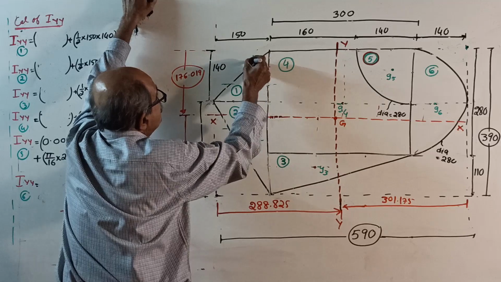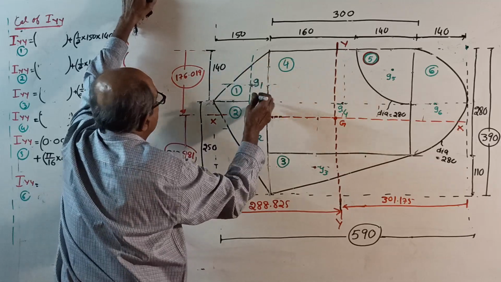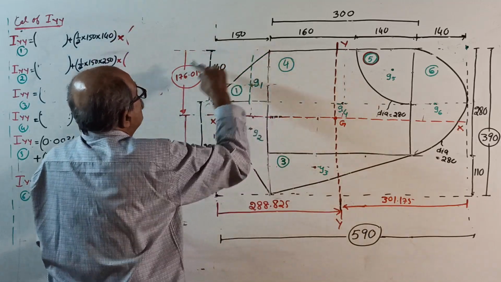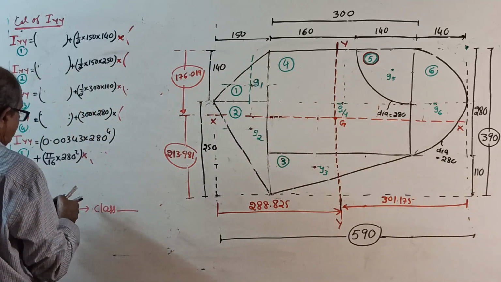I about its own centroidal axis: 140 into 150 cube by 36.